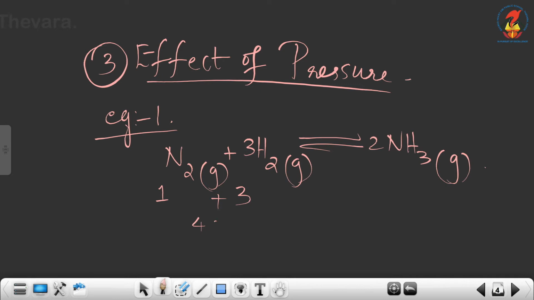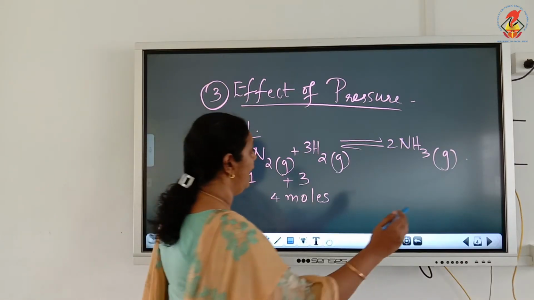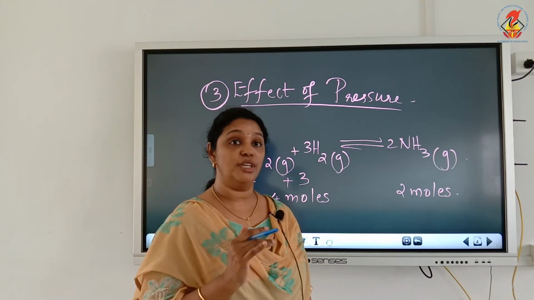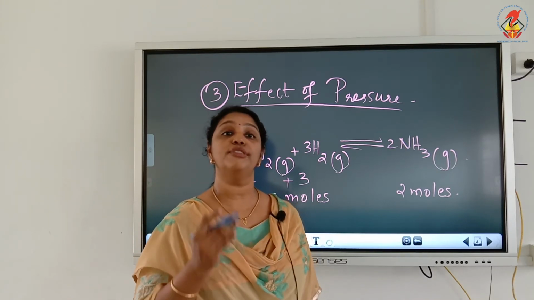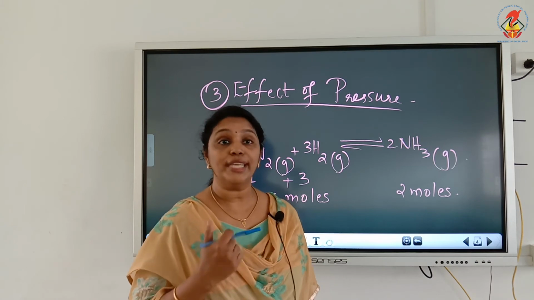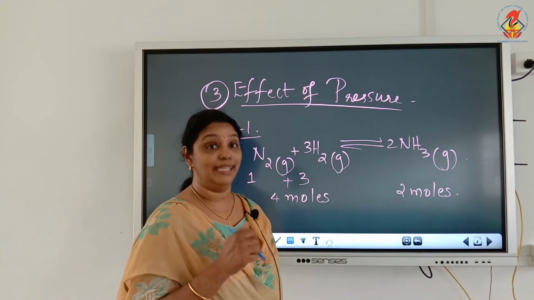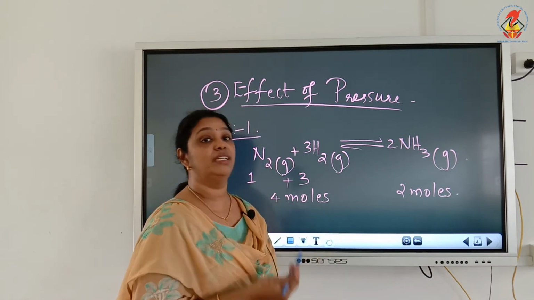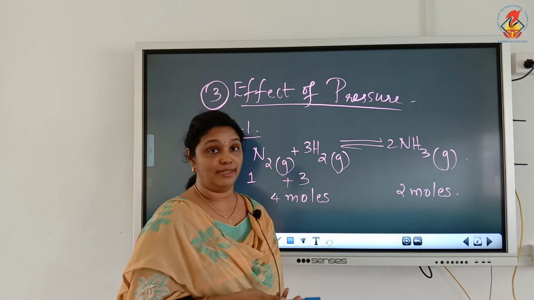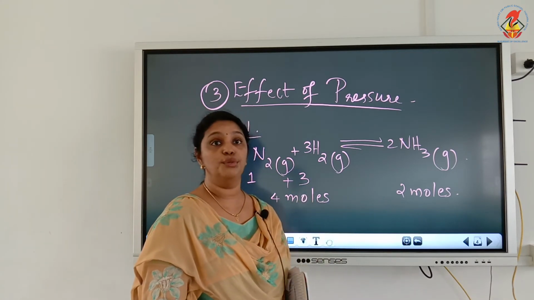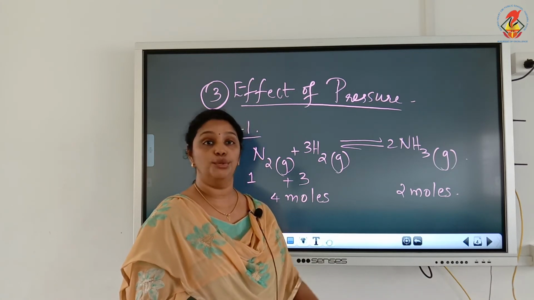So 3 plus 1, we have a total of 4 moles on the reactant side, and on the product side we have 2 moles of ammonia. So to study the effect of pressure, first you have to check the number of moles of reactants and products. Now you can see in the forward direction the number of moles decreases from 4 to 2, which means in the backward direction the number of moles increases from 2 to 4.